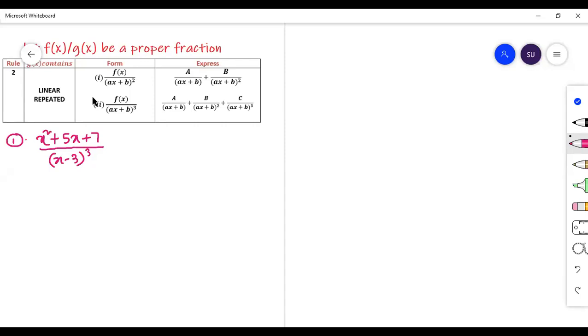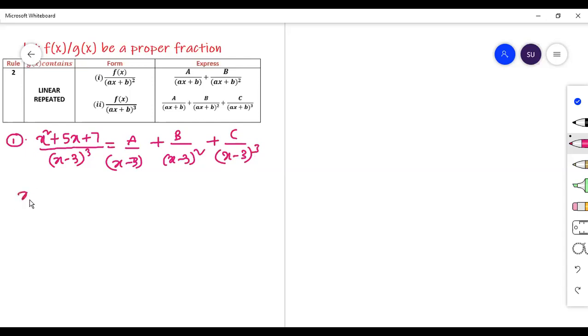That means how many terms do we need? 3 terms. That is A by plus B by plus C by. A by first x minus 3, next x minus 3 whole square, next x minus 3 whole cube.